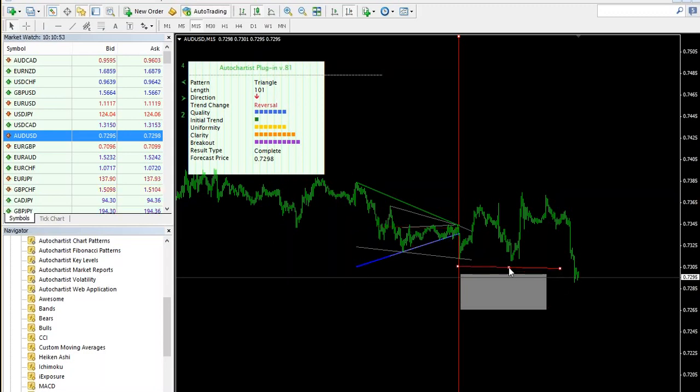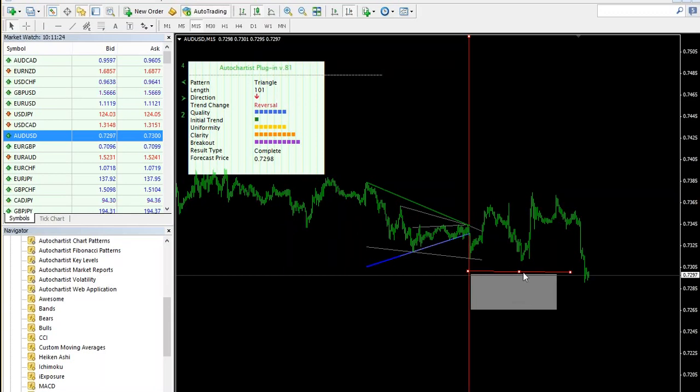And then Autochartist will now create a forecast region about 100 candles long, about that same distance. You can see it's a little bit less because they have a few other equations that they put into this. But generally speaking, it will be the same distance as the number of candles within the chart pattern to the forecast region. Okay, so again, the forecast region, the gray box over here, is about the same length as the number of candles that created the pattern. You see here, that's about the length, and you can see it's about the same distance.